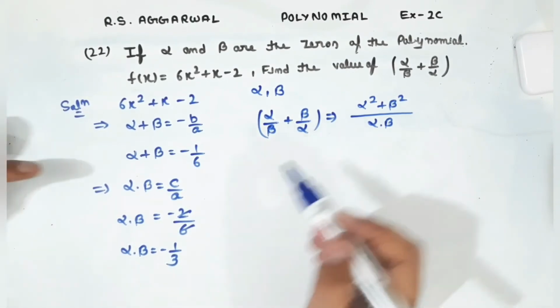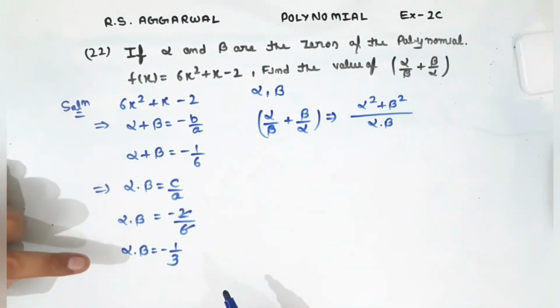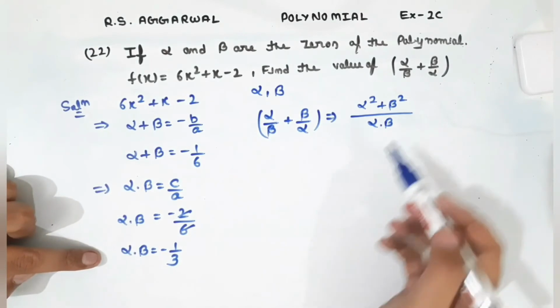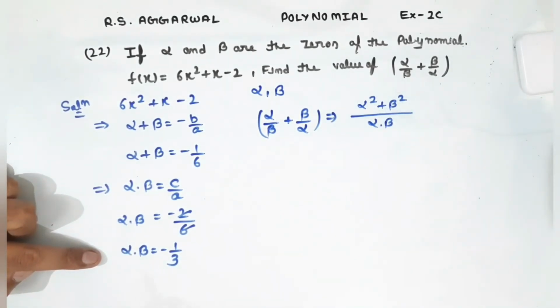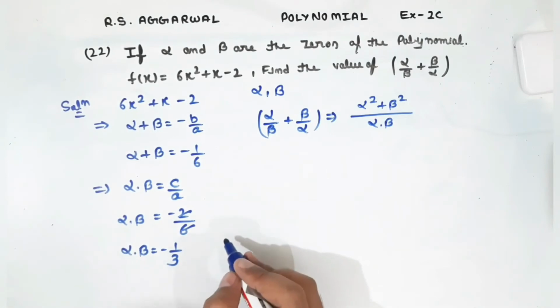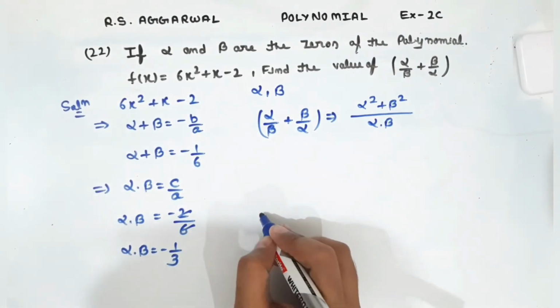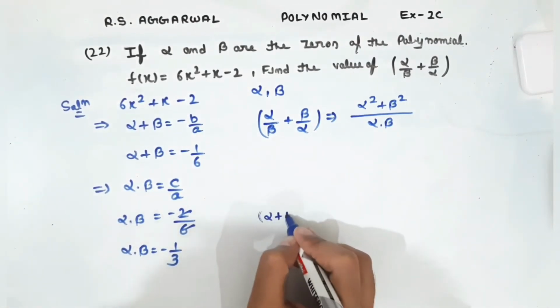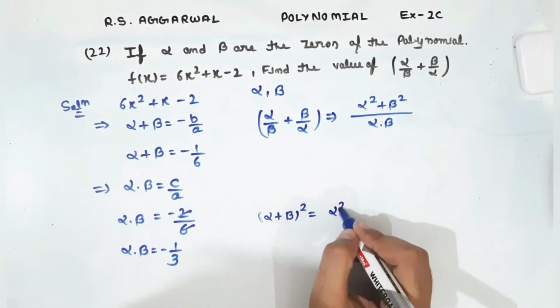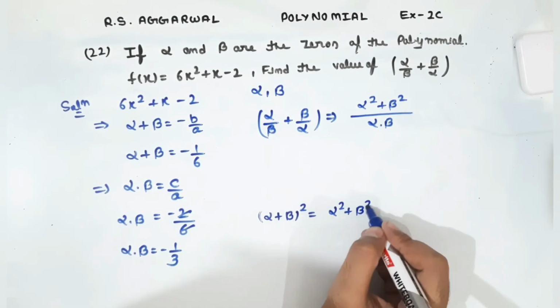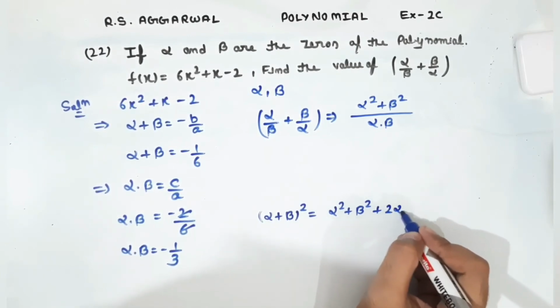So by the help of alpha plus beta and alpha into beta, we will find the value of alpha square plus beta square. So we know that alpha plus beta whole square is equals to alpha square plus beta square plus 2 alpha beta.